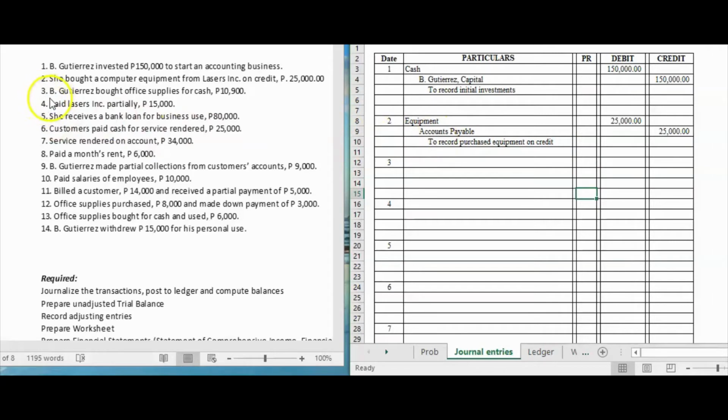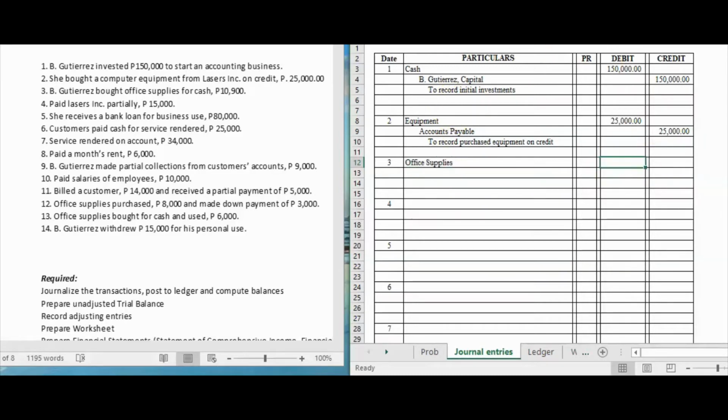So, next, B. Gutierrez bought office supplies for cash, 10,900. Pumili siya ng office supplies. Ano ang value received? May pumasok na office supplies kay business.